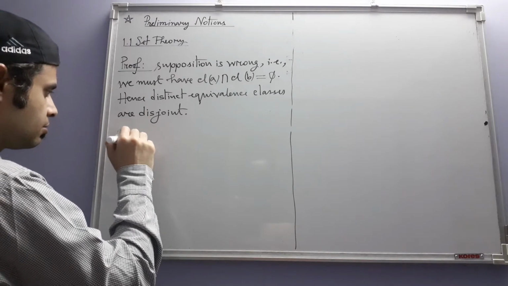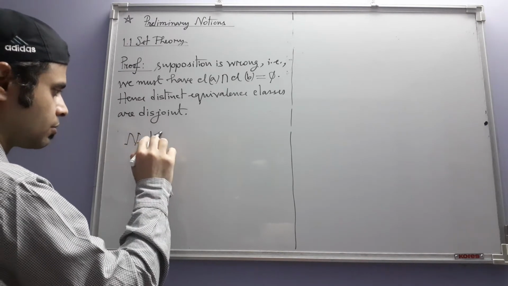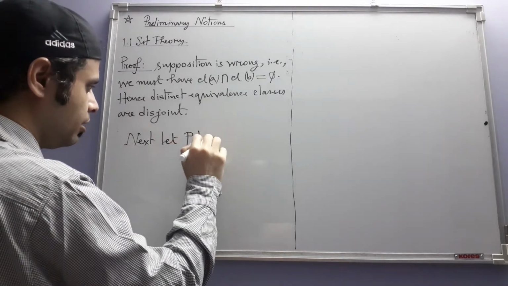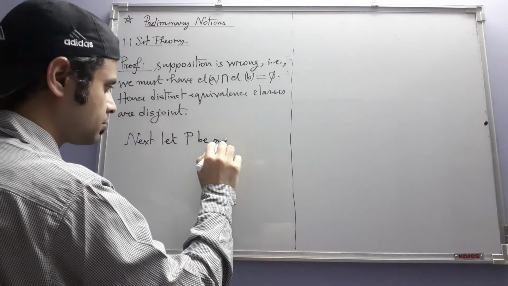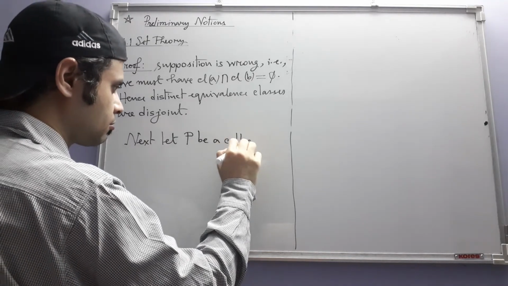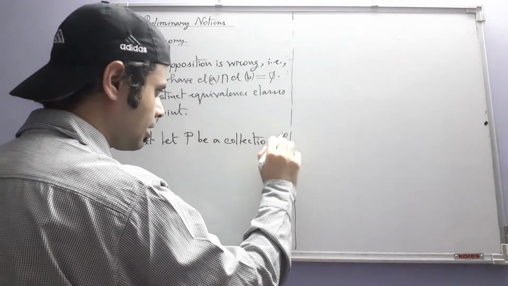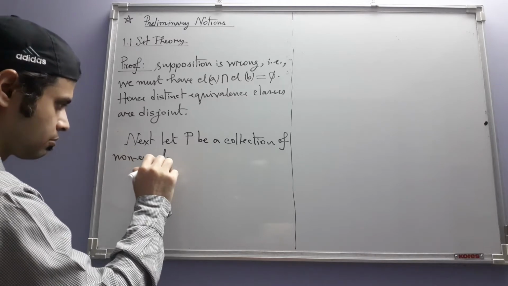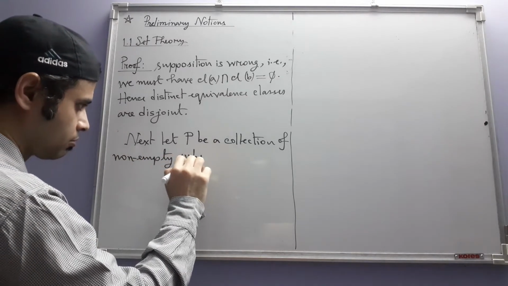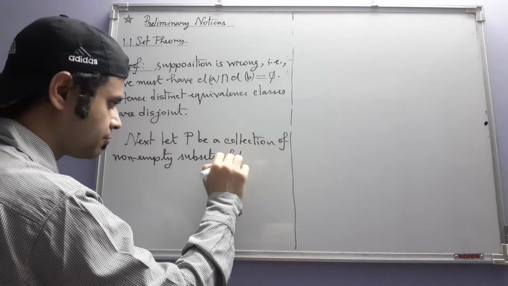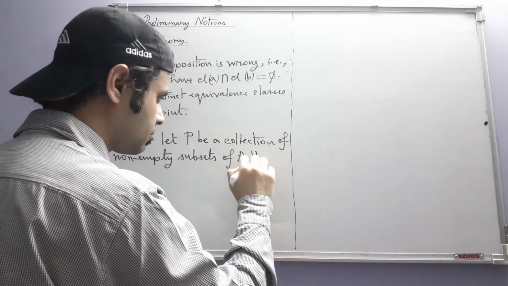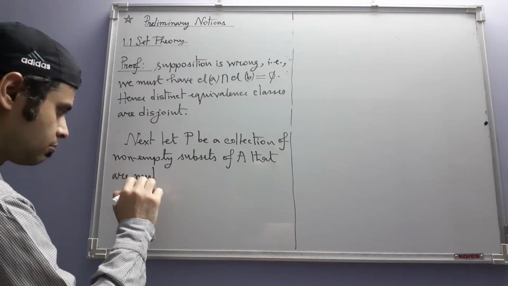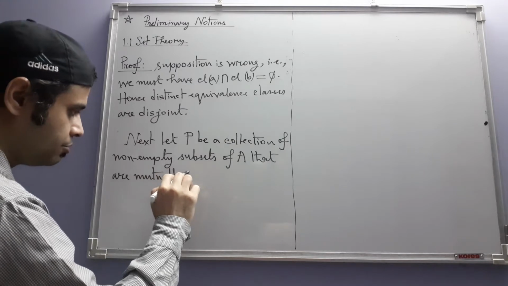Okay, next, let P be a collection of non-empty subsets of A that are mutually disjoint.